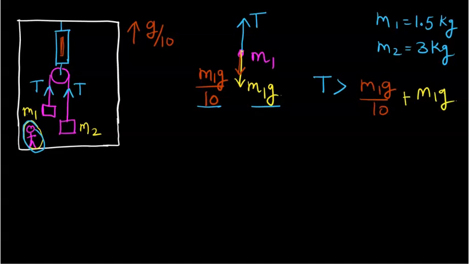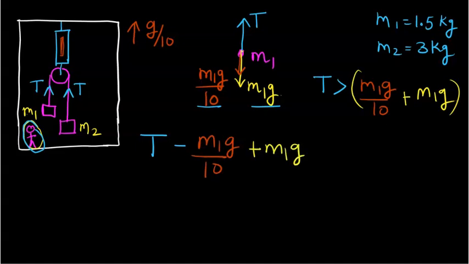Since T is greater than this summation, we can directly write Newton's law of motion equation: T minus m1g by 10 plus m1g is equal to m1a.